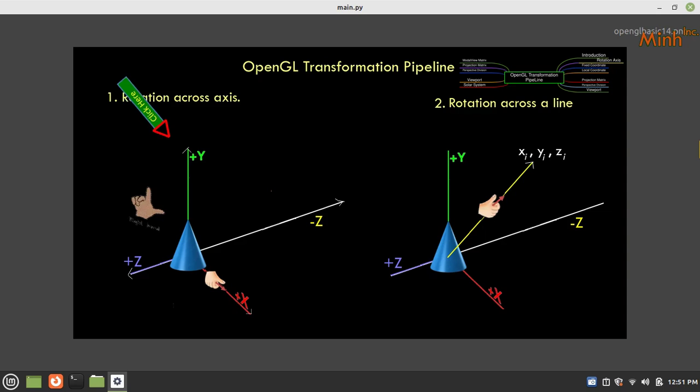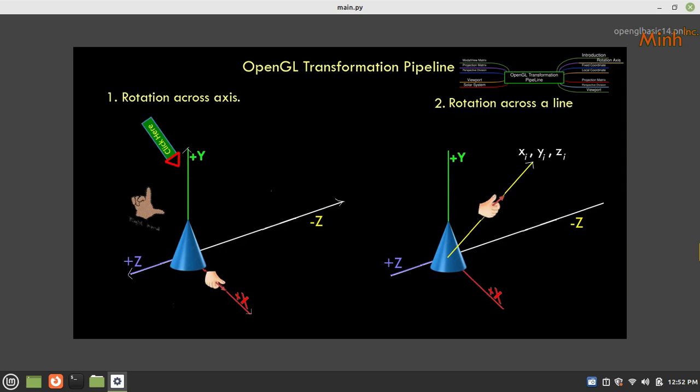Okay, so the idea is how rotation happens.